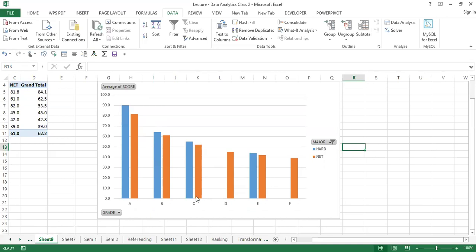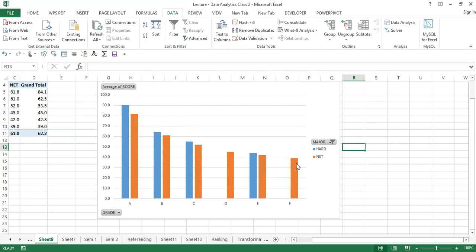By the time it's submitted to the stakeholders, they can easily see what's going on. Like here, they can see that among those that got A's, there are more people with a hardware major than those in networking major.